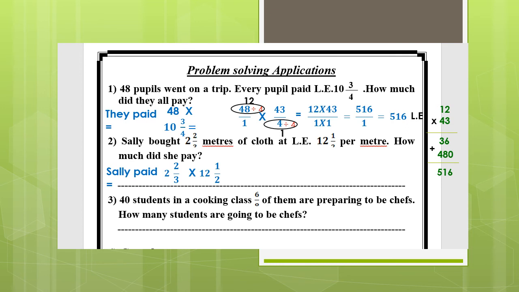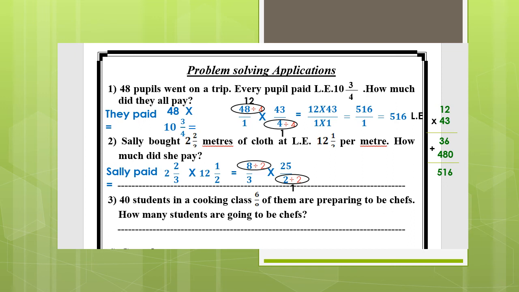I'm going to change these mixed numbers to improper fractions. So 2 and 2 over 3 is going to be 8 over 3 times 12.5, which is going to be 25 over 2. Okay, 8 and 2 are together in table 2, divide by 2 up and down.